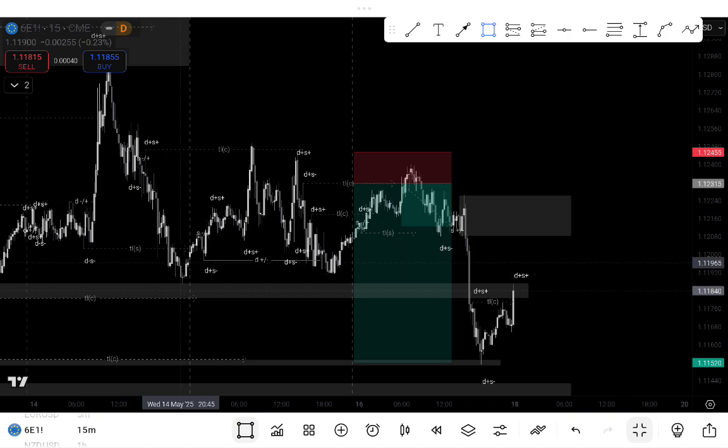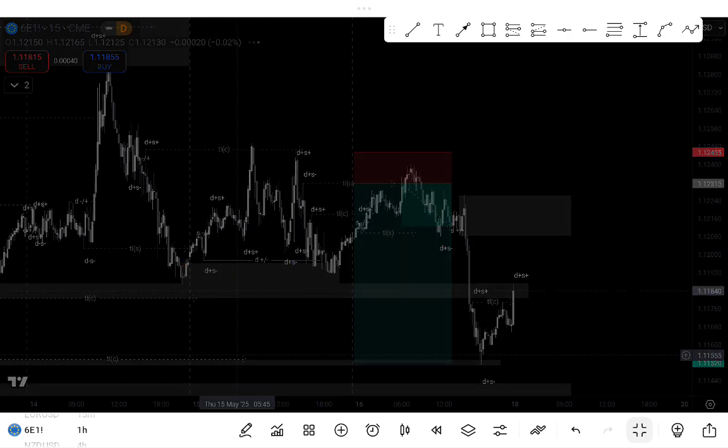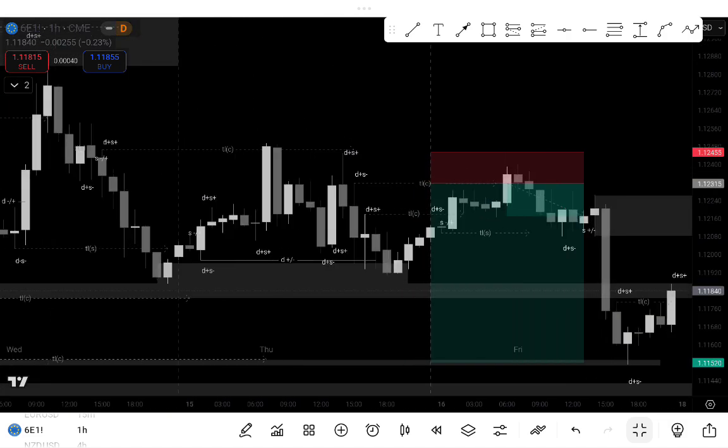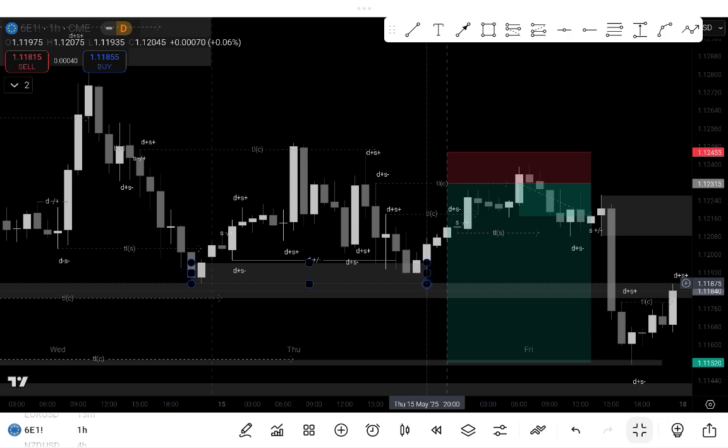If you go to 1 hour, this whole zone here on 1 hour is a zone. Let me go to 1 hour so you don't think I'm just picking it randomly. So you see this whole place here is a zone on 1 hour. This last candle here is a zone.